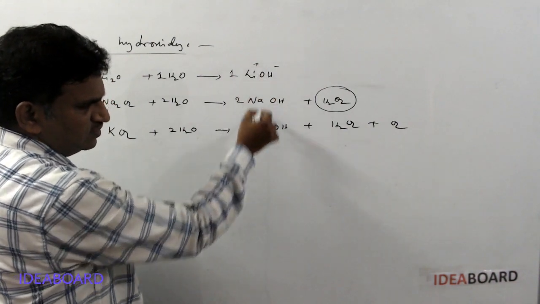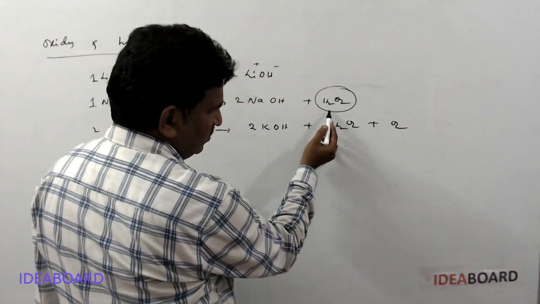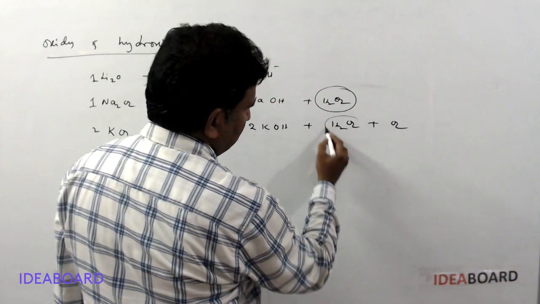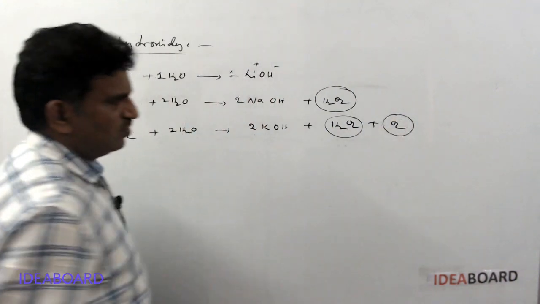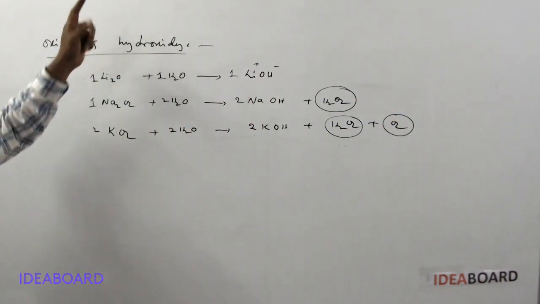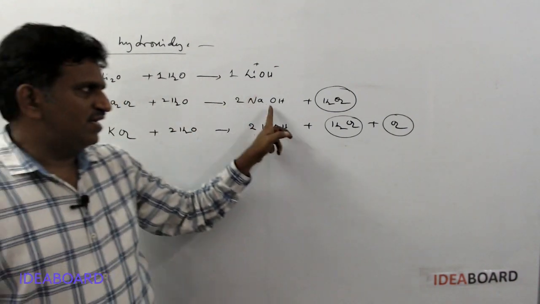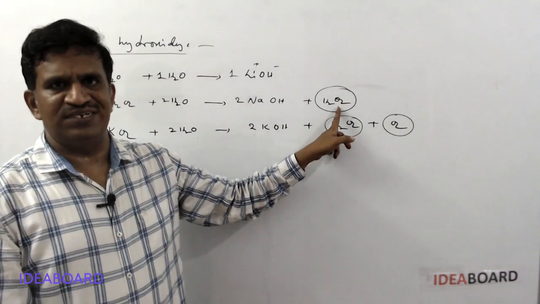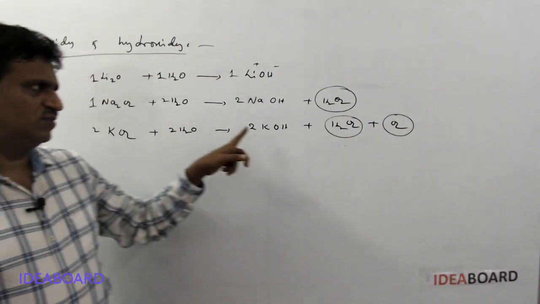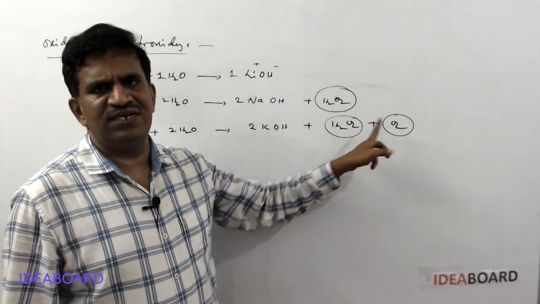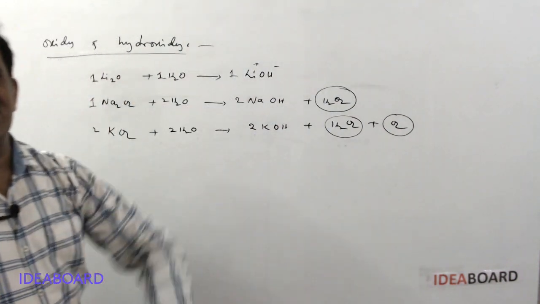All are giving hydroxides commonly. Here the extra is hydrogen peroxide, and here the extra is hydrogen peroxide and oxygen. So monoxides give only hydroxides. Peroxides give hydroxides and hydrogen peroxide. Superoxides give hydroxide, peroxide and oxygen also.